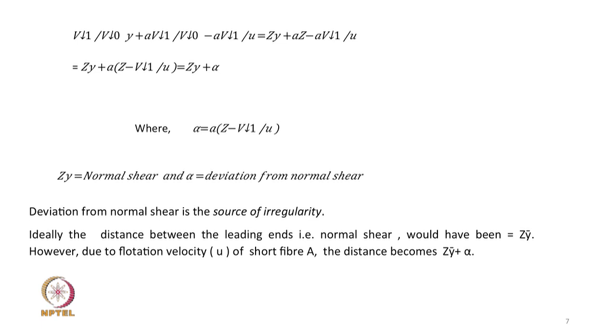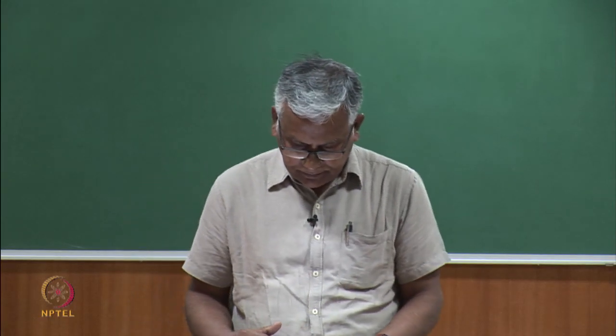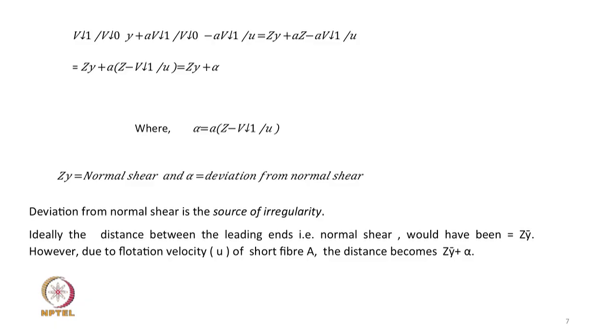The normal shear ideally should have been z y bar, that is, the distance between the ends of the two fibers after drafting would be z times, that is the draft times their distance prior to drafting, but we get an additional term alpha, and therefore, we say that there is some deviation from what ideally one should expect, and this part of the deviation we call deviation from normal shear.